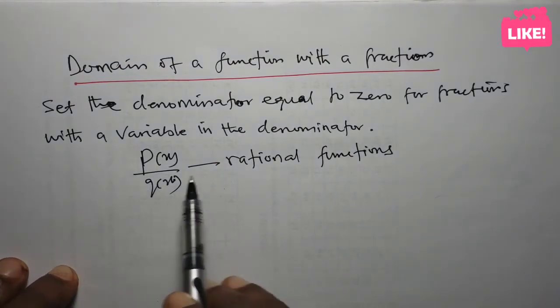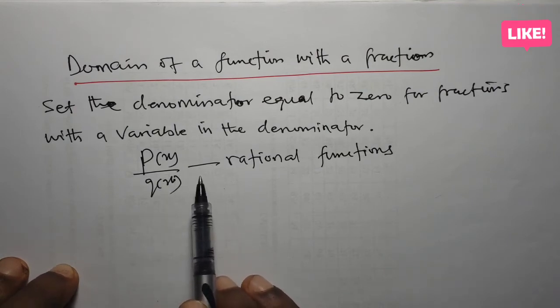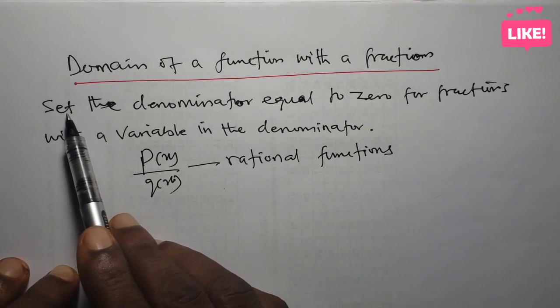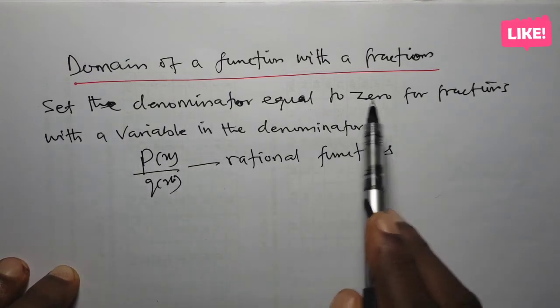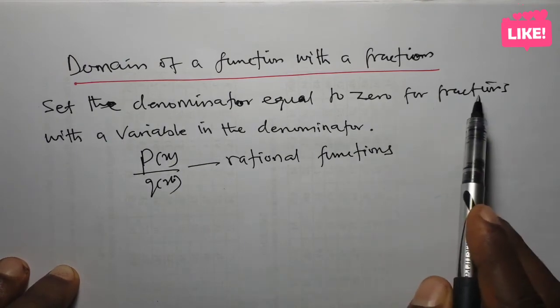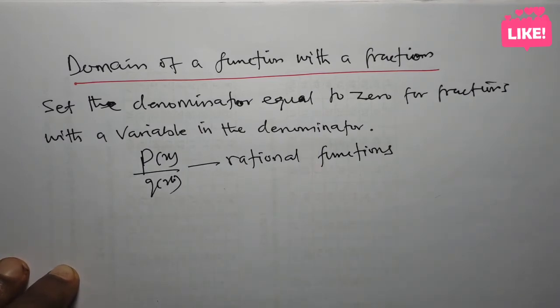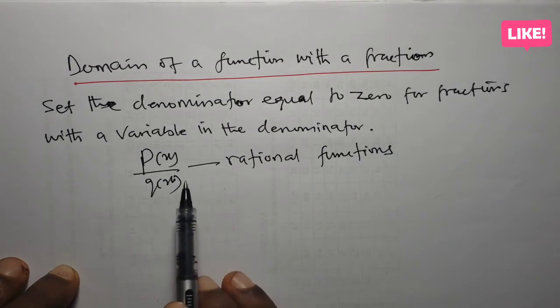Now, to find the domain of a rational function, we have to be very careful. We set the denominator equal to 0 for fractions with a variable in the denominator. What we are trying to say here is this.